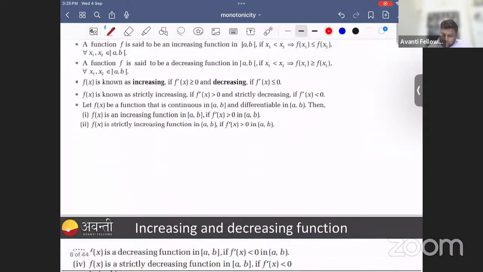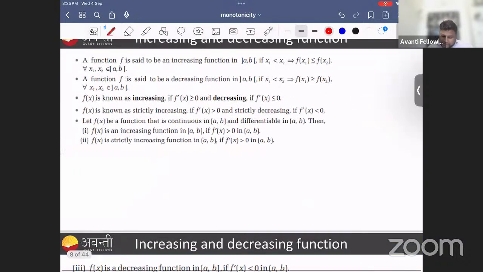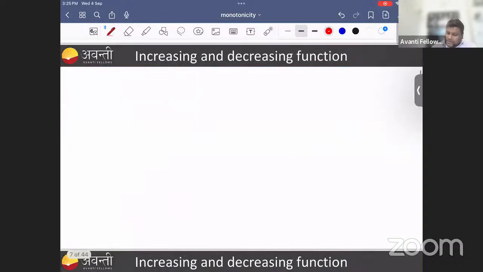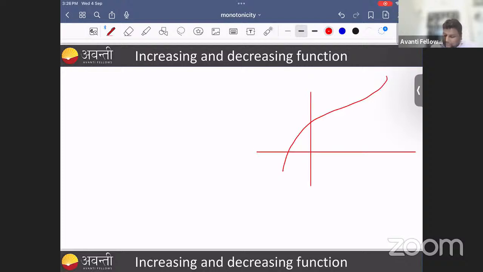Now, how do we check the increasing and decreasing of a function? First of all, see, I will show you here. Say this is an increasing function. On this function, there are 3 points, say x1, x2, and x3. The coordinate of this point will be x1 comma f(x1).